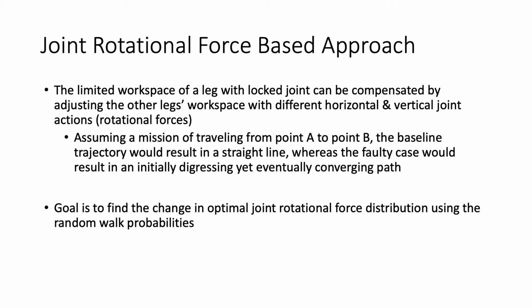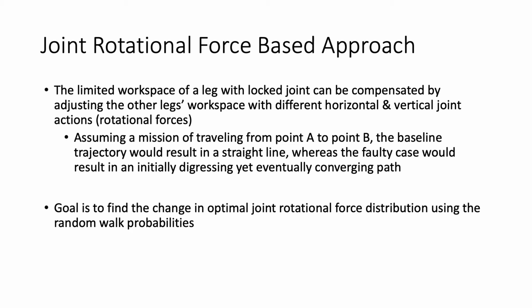In the case of a locked joint failure, the shrunk workspace of a leg with a locked joint can be compensated by adjusting the other legs' workspace with different horizontal and vertical joint actions, by adjusting the rotational forces of the joint.